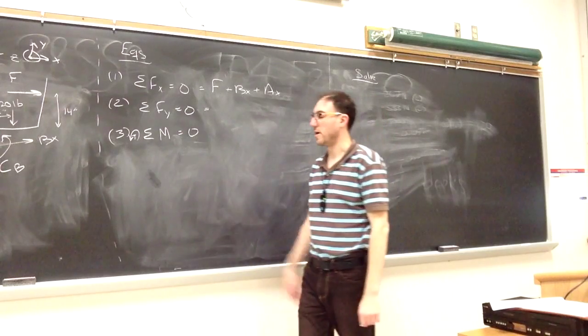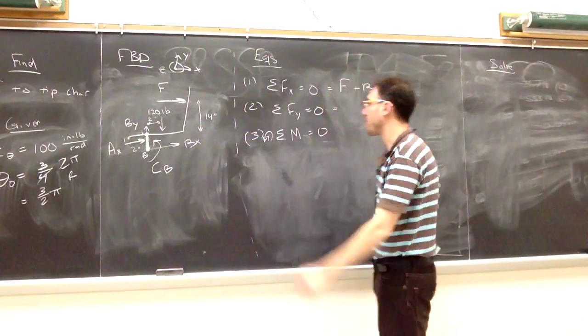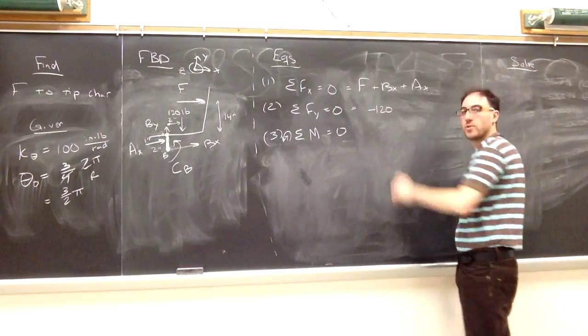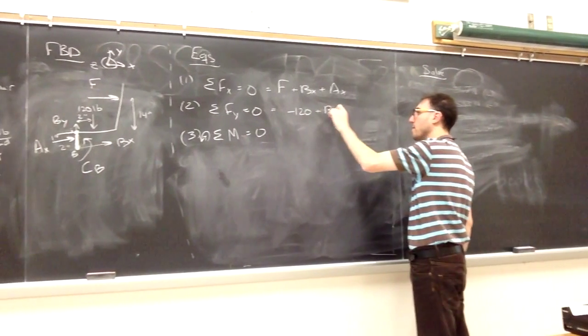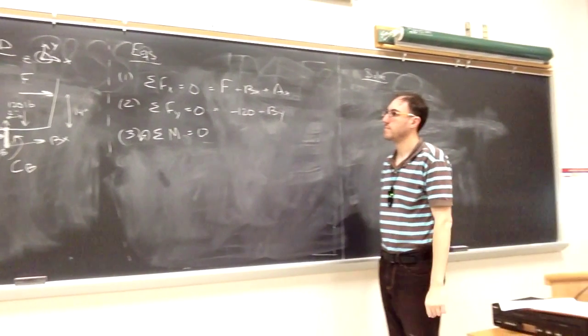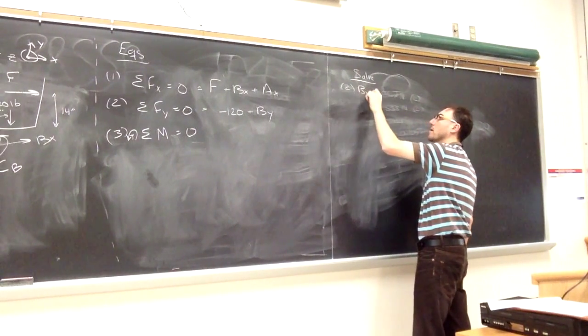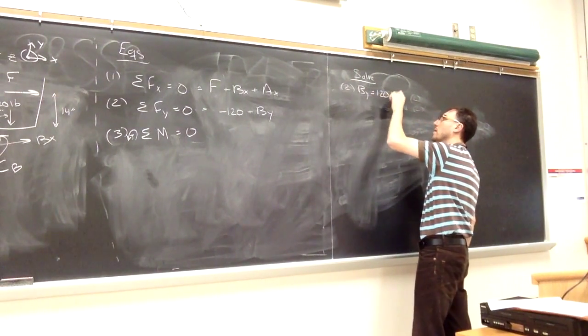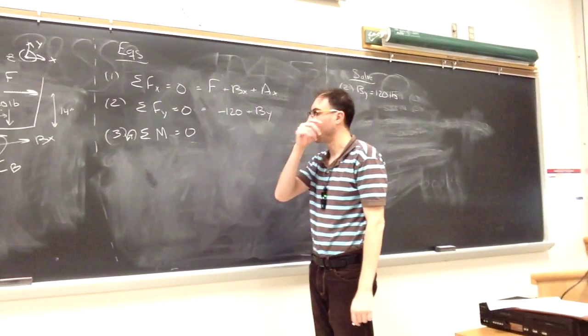In the y direction, we'll have the weight of the person sitting on the chair, the negative 120. We have that upward force By from the pin. From equation 2, we can solve for By if we want.